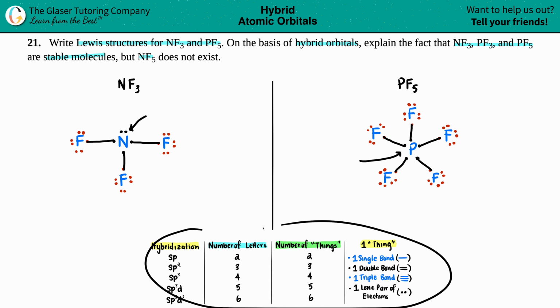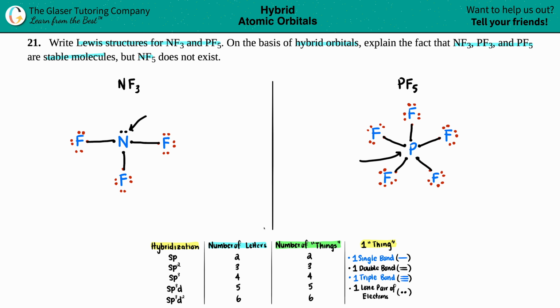Now, hybridization comes down to s, p, and d orbitals that come together to form the overlapping of your bonds. And the hybridization has everything to do with the number of letters.